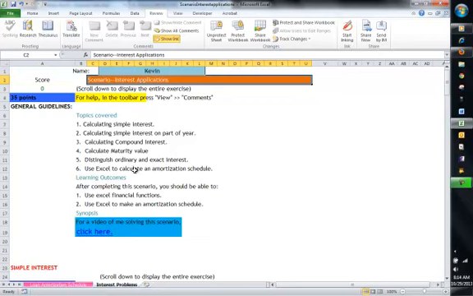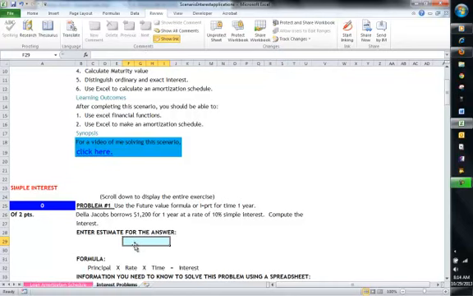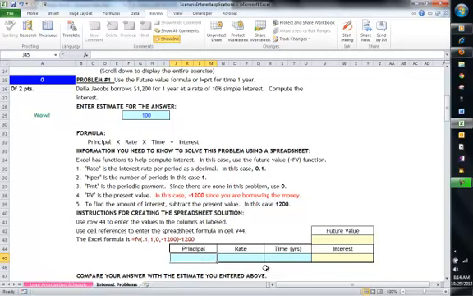Alright, so we need to estimate how much interest you would have on $1,200 for 1 year at 10%. I don't know, say $100. Alright, let's see what we get here. Principal times rate times time. So we have principal is $1,200. The rate is 10%.